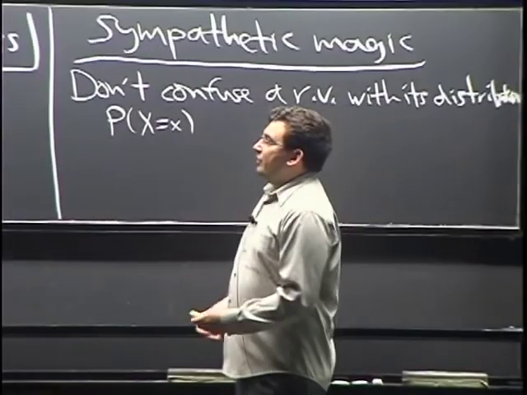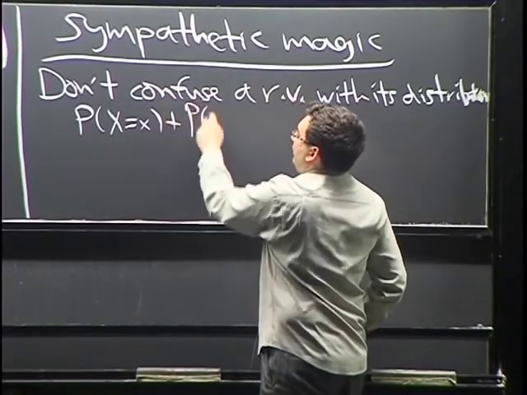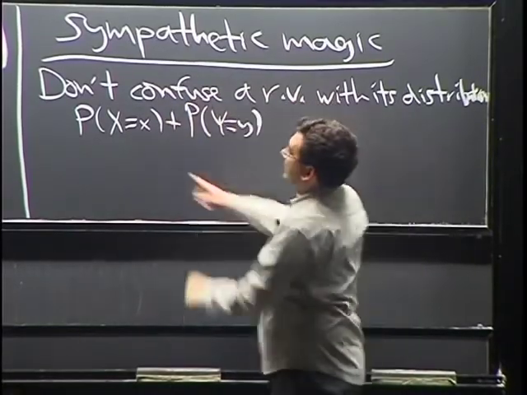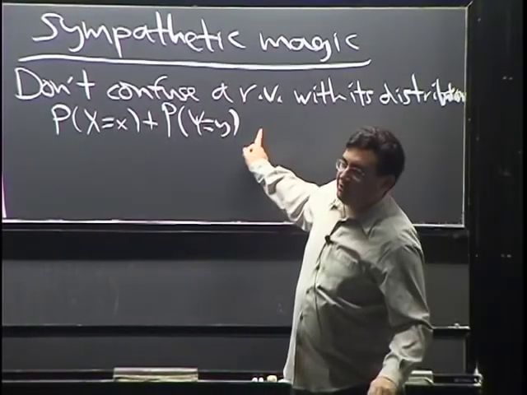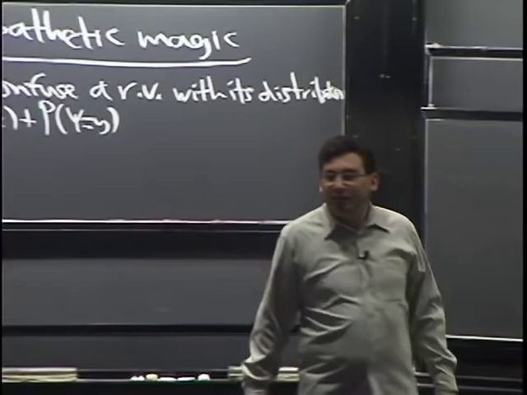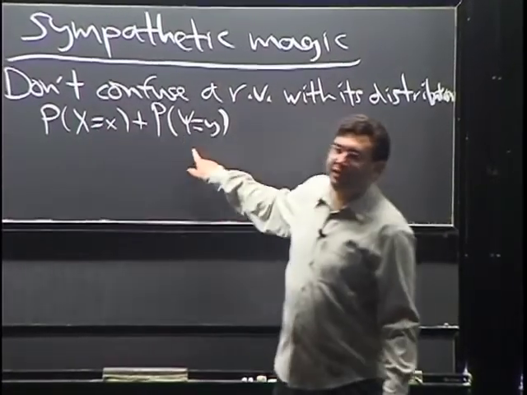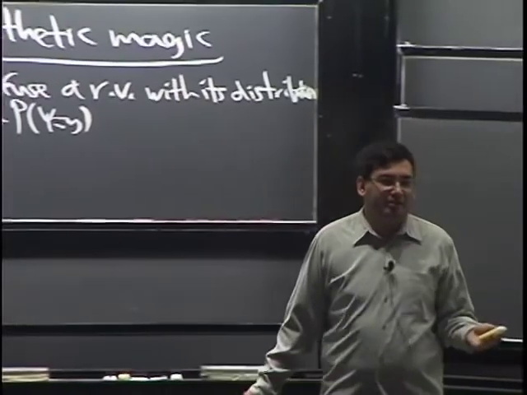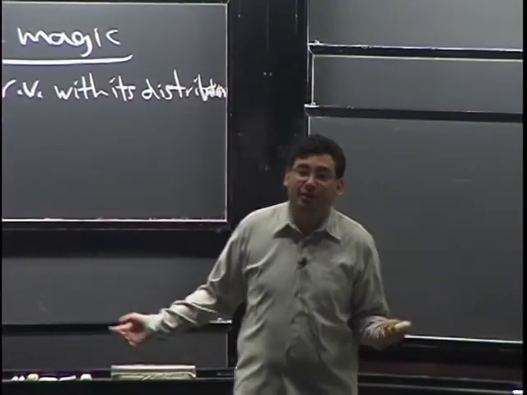So we have different methods for dealing with that, but we never said, take P of X equals x plus P of Y equals y. That's the PMF of X plus the PMF of Y, and somehow this is supposed to relate to X plus Y. Well, first of all, if you add up two probabilities, there's no reason to think that would still be less than or equal to 1.